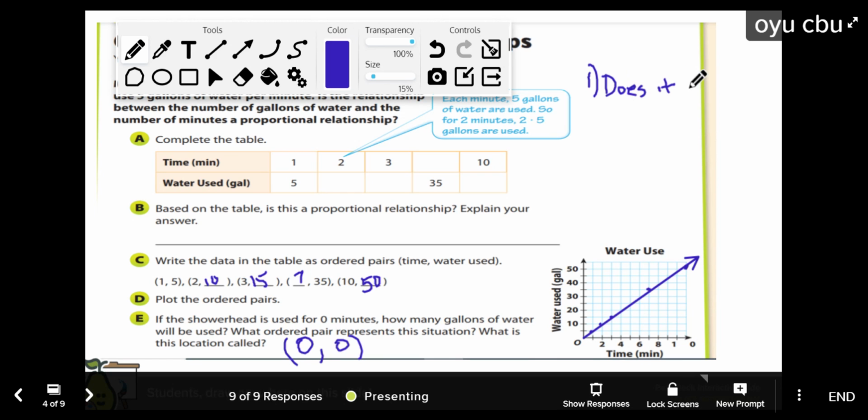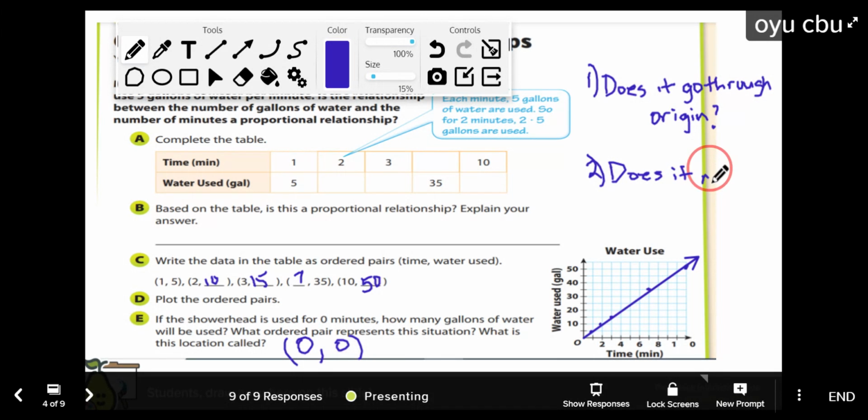Does this one go through the origin? Yes, because if there's 0 minutes, you're going to use 0 gallons of water. And question 2, you're going to ask yourself, does it make a straight line?